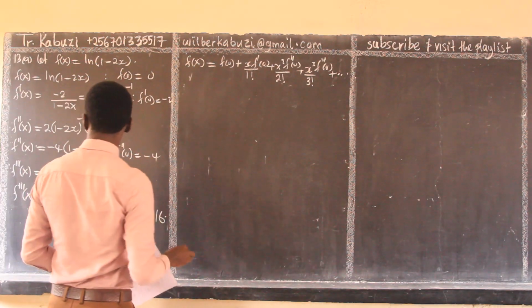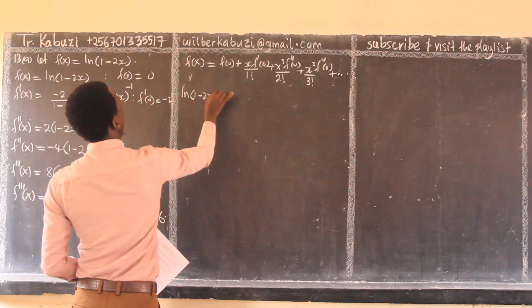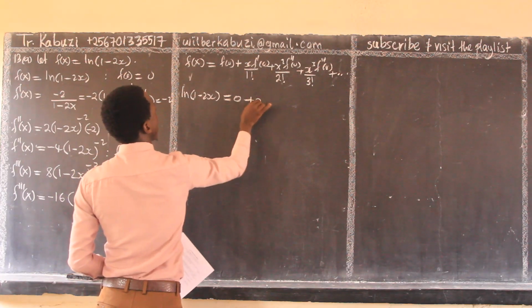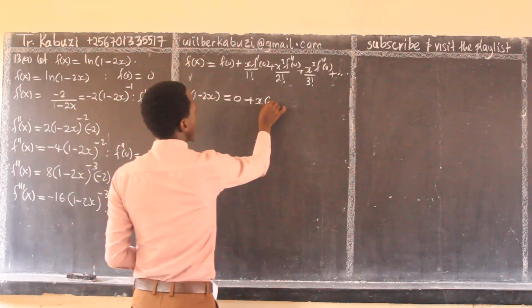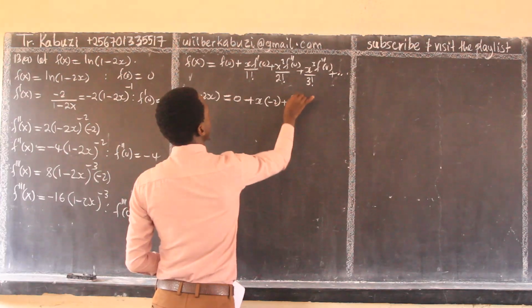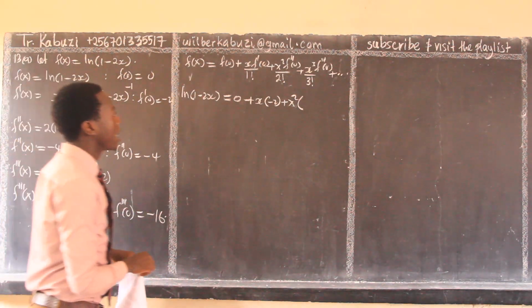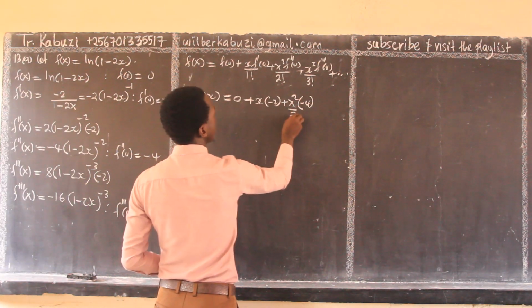Substituting, our f of x is our function. F of 0 is 0 plus x into f prime of 0 is negative 2. 1 factorial is 1. X squared. F double prime of 0 is negative 4. Then 2 factorial is 2.